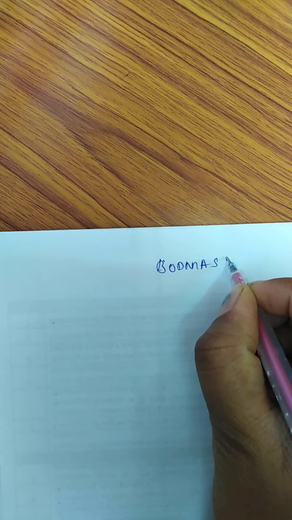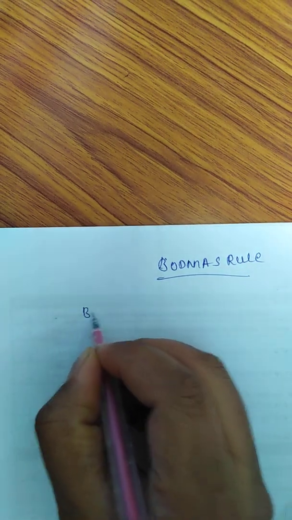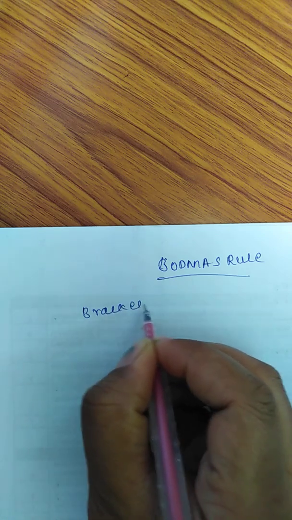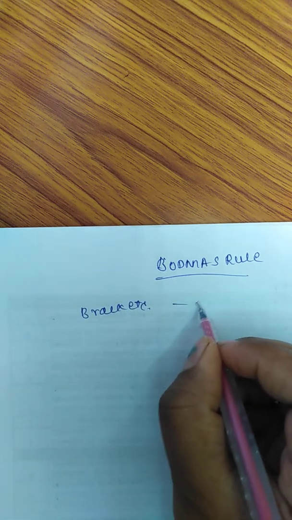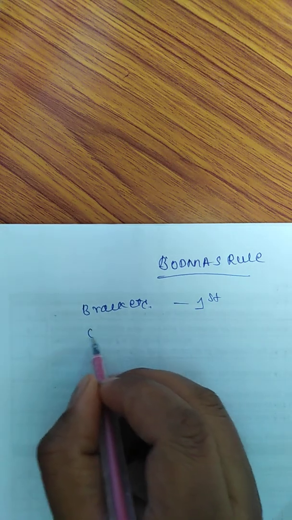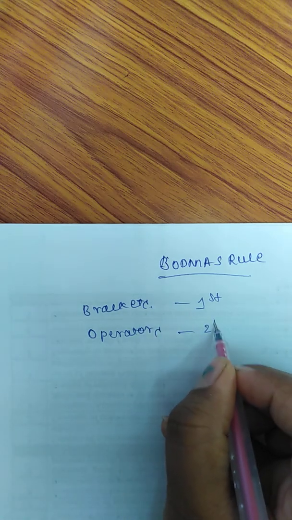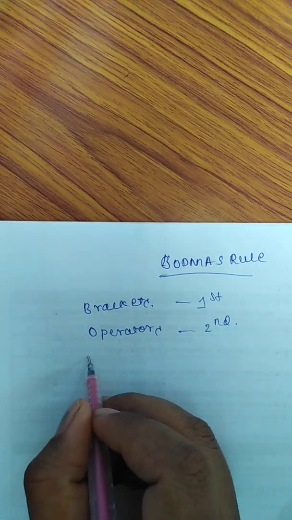BODMAS rules we can use. BODMAS means brackets. Brackets is the first preference. Then orders, the operators, is the second preference we can give.